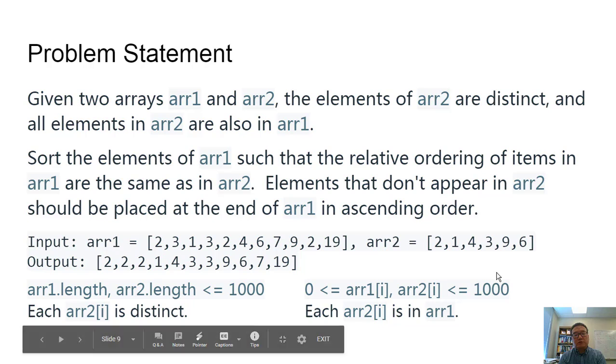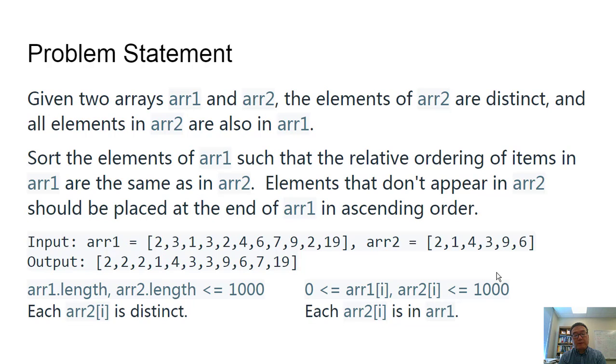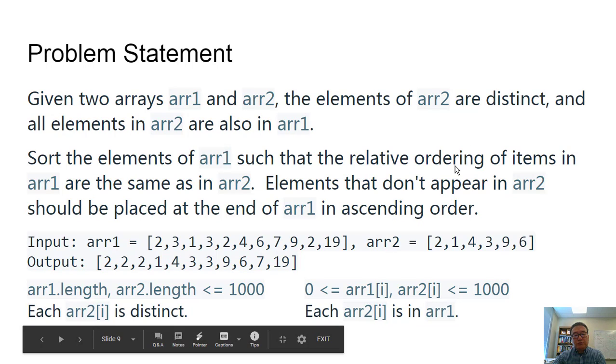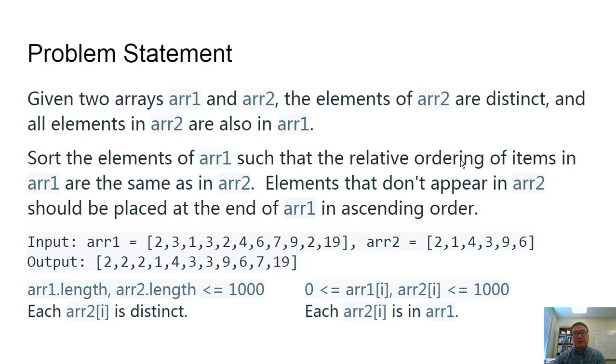Generally, for any input we want to be able to run within a second or two. The reason I chose this problem is to introduce the concept of counting sort. The idea of counting sort is relatively straightforward, in my opinion.